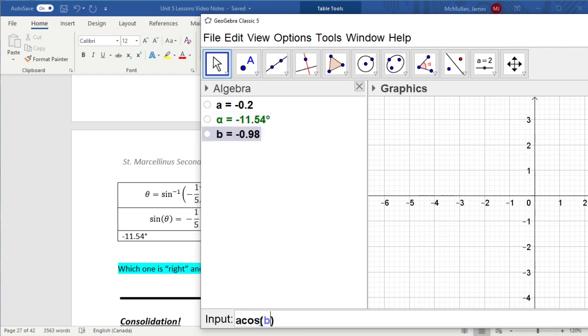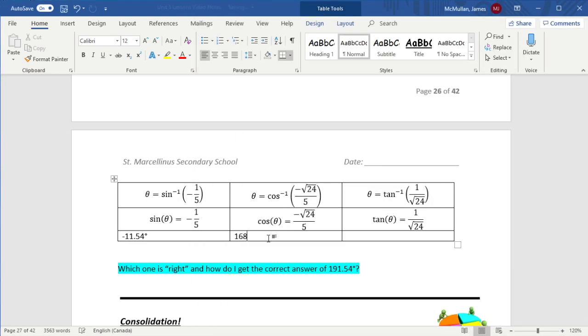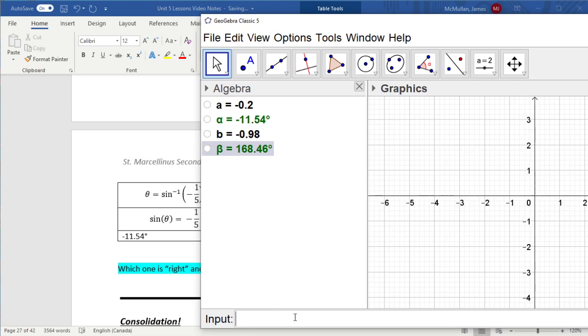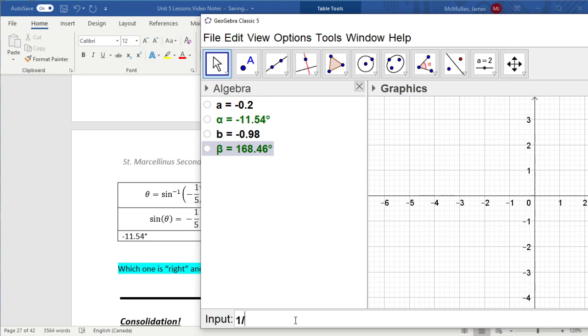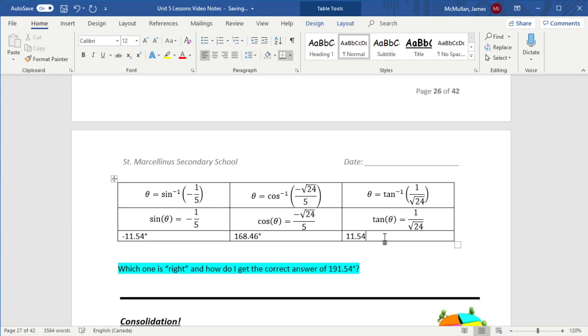I do inverse cos of that number, I get 168.46. And I inverse tan of 1 divided by square root 24, and I get 11.54 again.